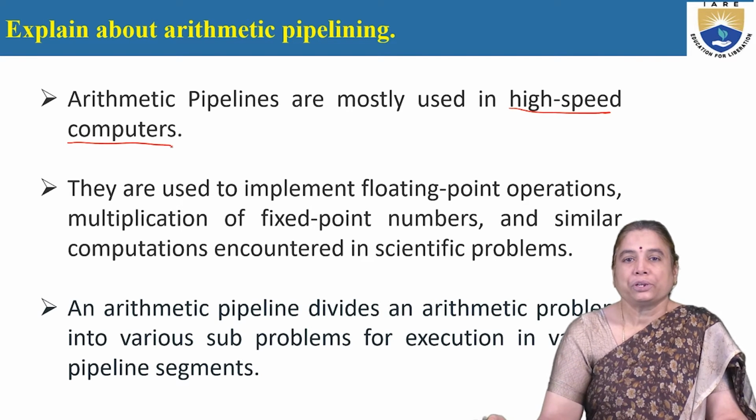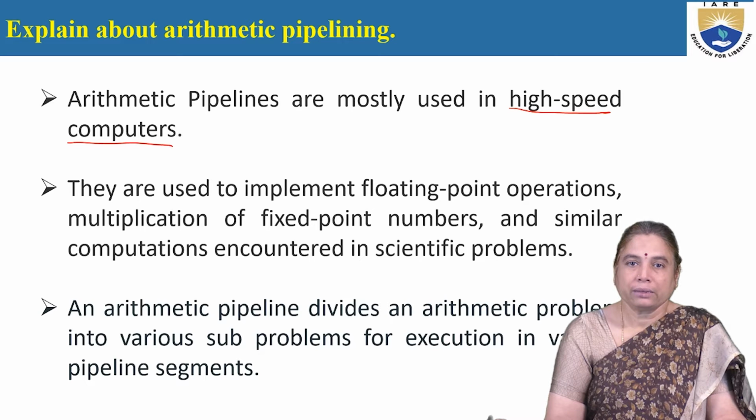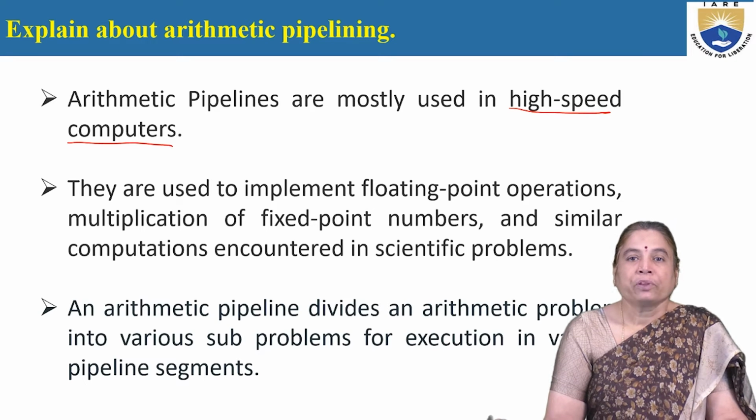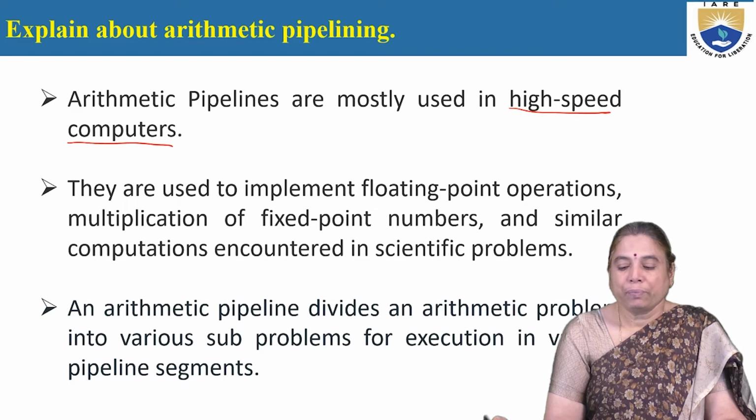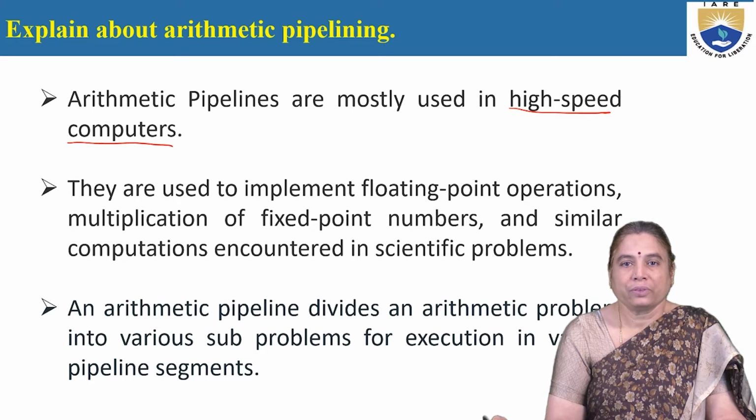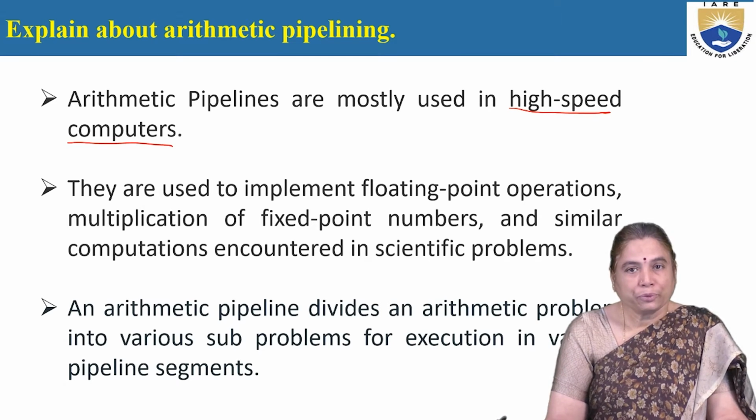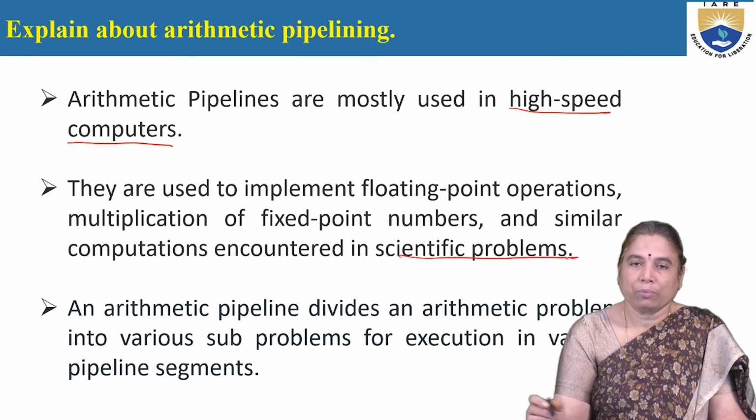The computational capability can be increased with parallelism, and to support high-speed computation or processing, the arithmetic pipeline can be used. They are used to implement floating point operations, multiplication of fixed point numbers, and similar computations encountered in scientific problems.